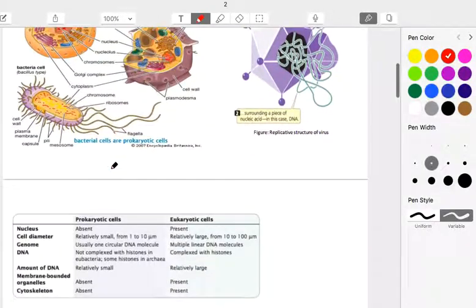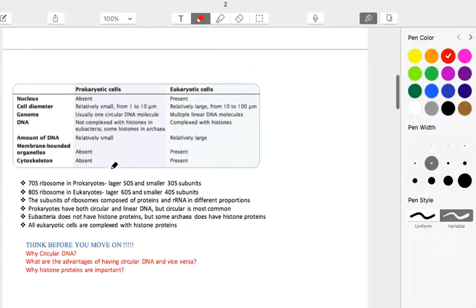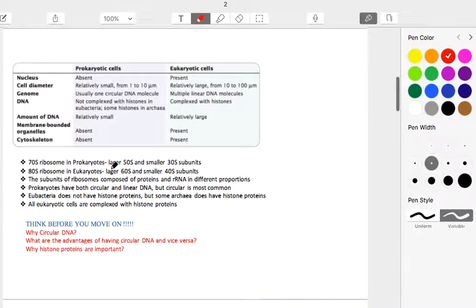Let's look at a table here. This will explain it very well. These are the things I just mentioned. I didn't mention the cytoskeleton. In prokaryotes, it is absent, but in eukaryotes, it is present. This is a small summary.